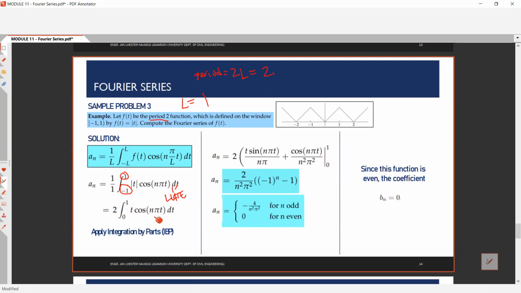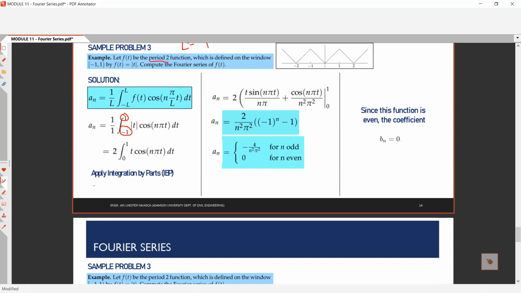I haven't written the u dv, so let me write it. Our u is equal to t, our dv is equal to cosine n pi t. So du is equal to dt.